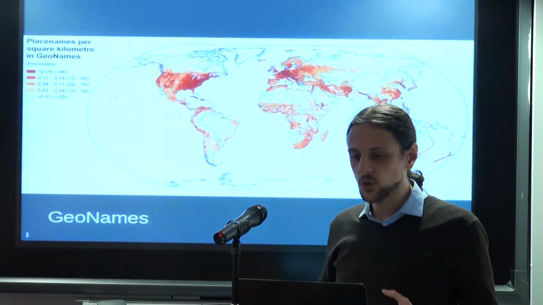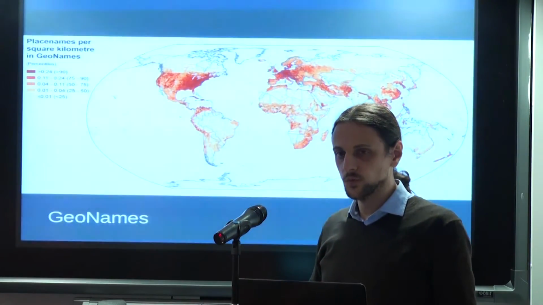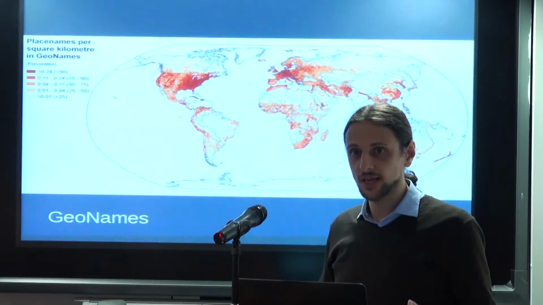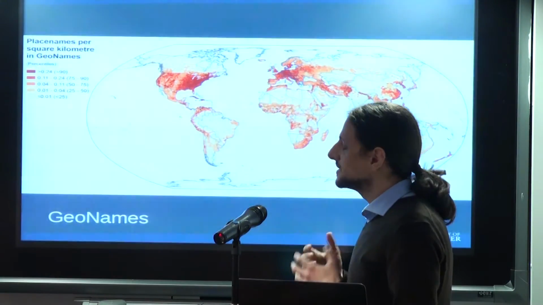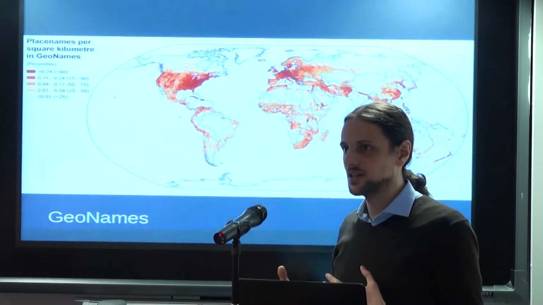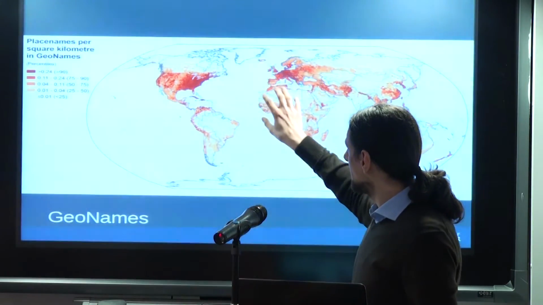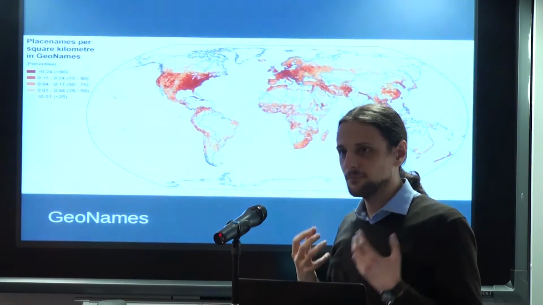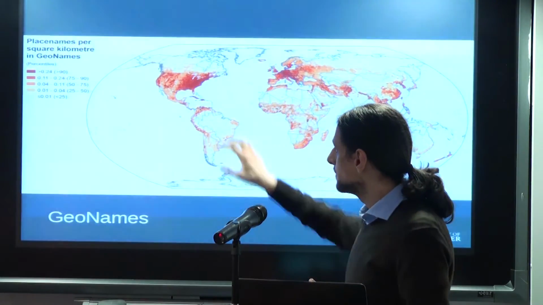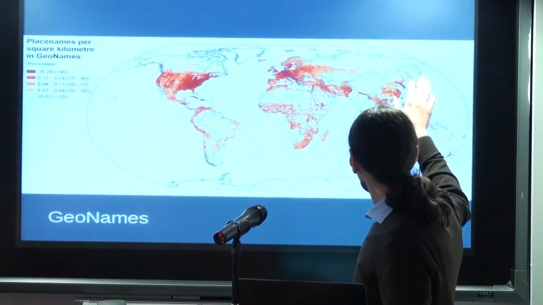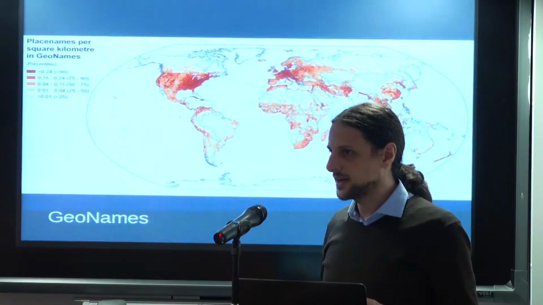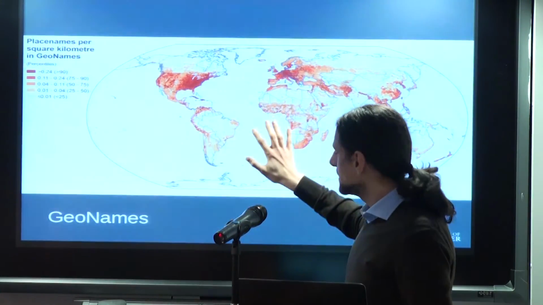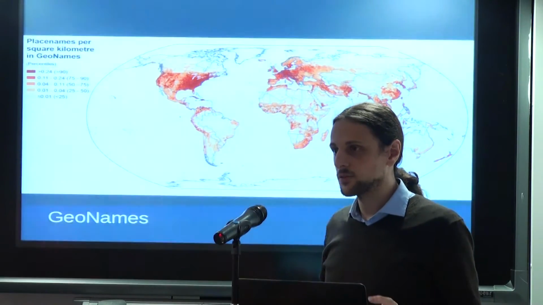Similarly, if we go back to what I was mentioning before, GeoNames, this gazetteer, we can see some similar geographies. So again, and this is again a point density map, we have very high density in Europe, in North America, maybe less in Japan, and very little detail everywhere else.